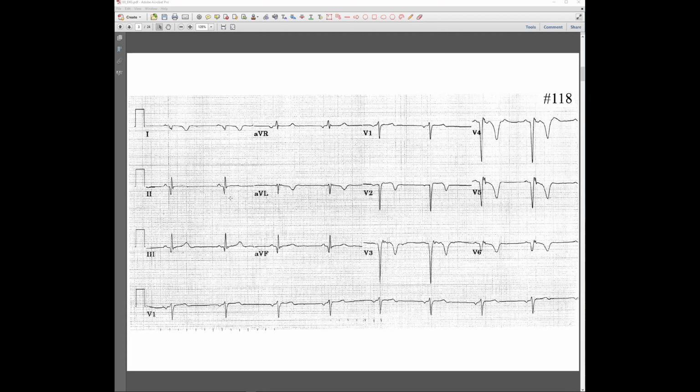But in the 2, 3, AVF, we do have Q wave. So that's an inferior part. So we do have necrosis sign, but there is no ST or T changes. So that means we have an old inferior MI. Everybody understood?